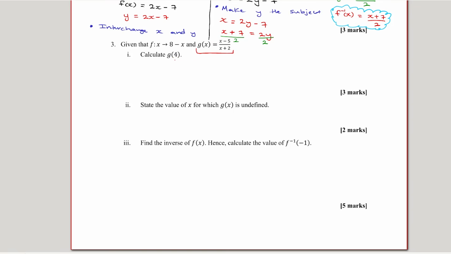So g of 4 means that we're going to look at the g function. Wherever we have x, we're going to replace it with 4. So now g of 4 is going to be, remember, replacing the x values with 4. So it is 4 minus 5 over 4 plus 2.